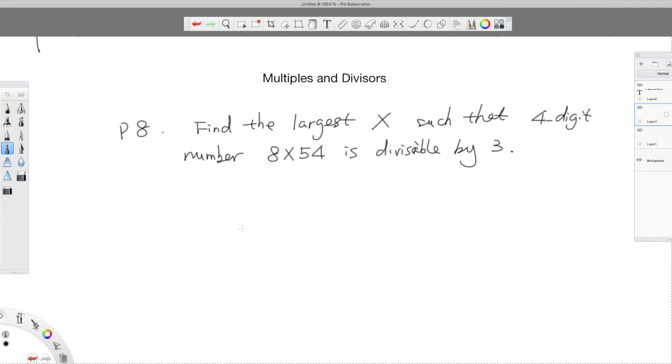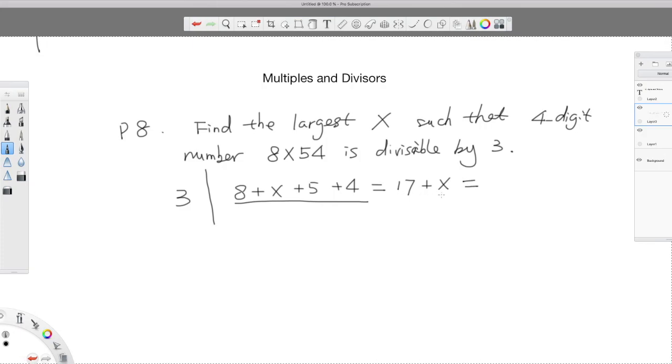Okay, for this problem, you know that the property of a number that is divisible by 3 is that the sum of its digits is divisible by 3. Which means that 8 plus x plus 5 plus 4 is divisible by 3. So 3 is a divisor of this sum, which, if you add them up, equals 17 plus x.